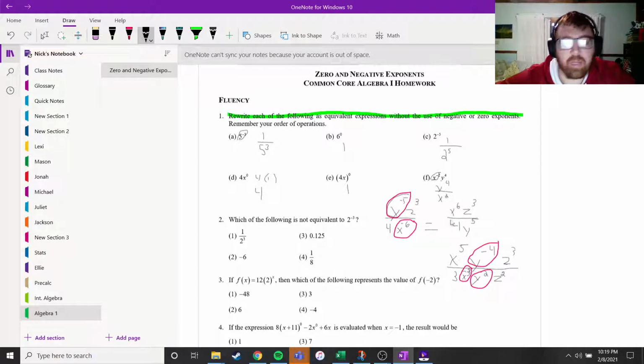So I'm going to rewrite this, and it's going to be x to the fifth times x to the third, y to the second, z to the third, over 3 y to the fourth, z to the second.